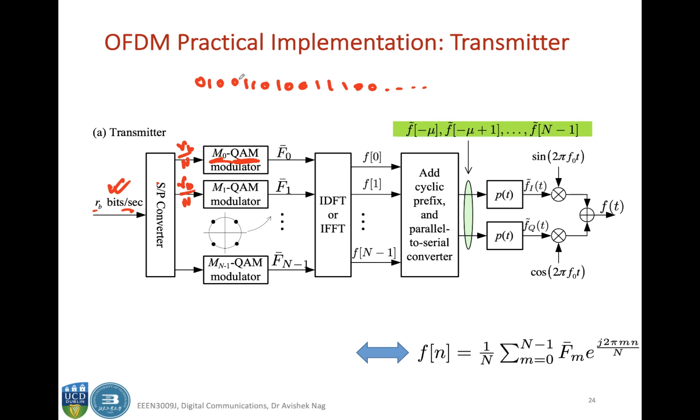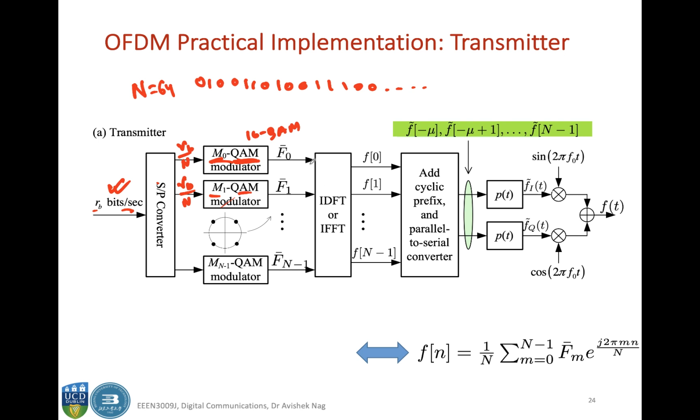Let's say your capital N is 64, and let's assume for the time being that each of these is a 16 QAM.